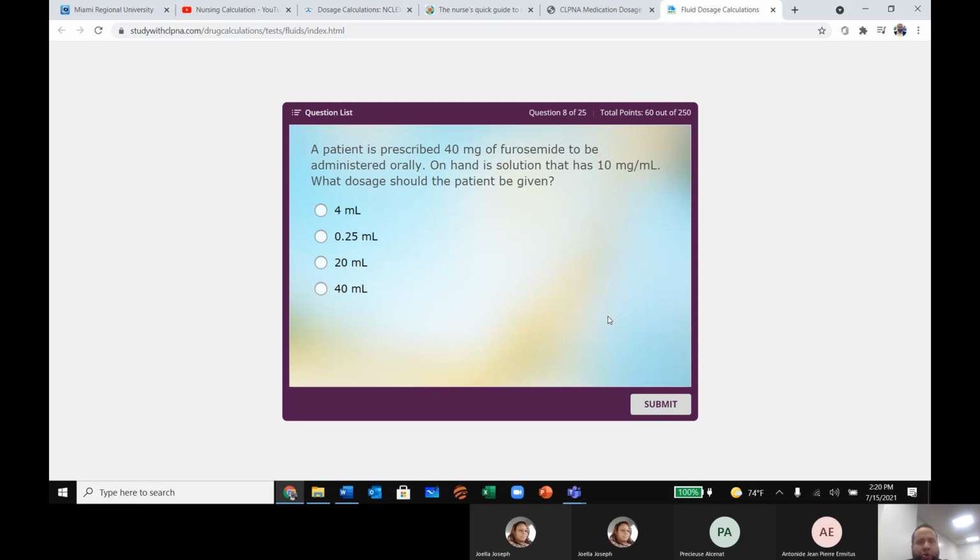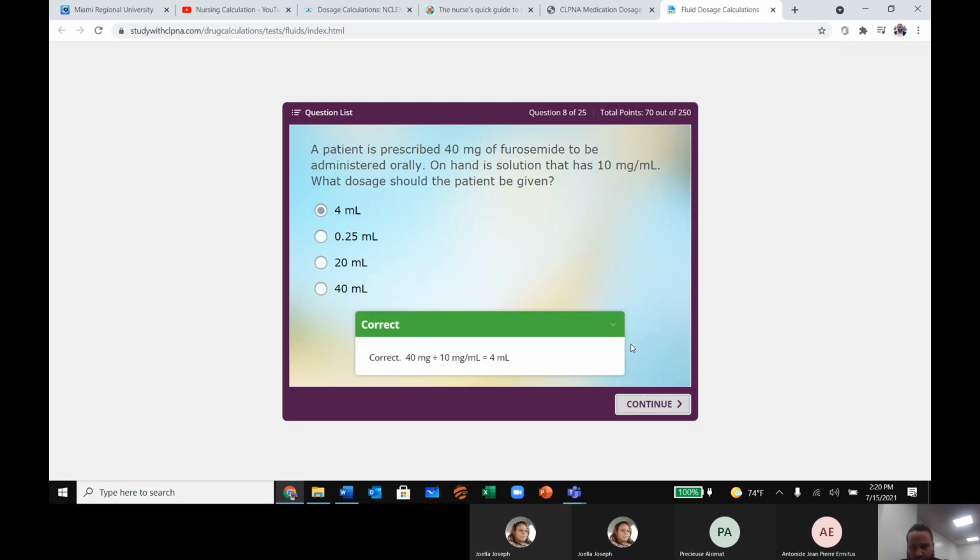What dose should the patient be given? It's 4 milliliters. Good job.